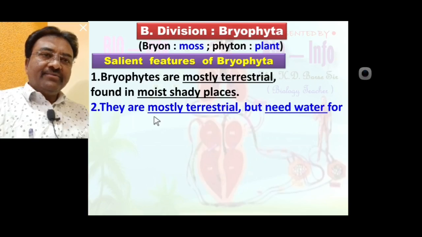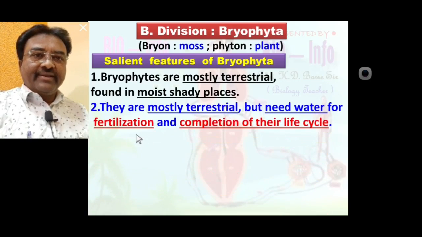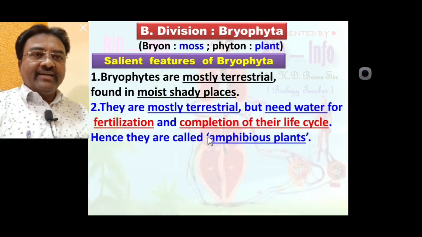They are mostly terrestrial but need water for fertilization and to complete their life cycle. Always remember, Bryophytic plants are mostly terrestrial but need water for fertilization and to complete their life cycle. Hence they are called amphibian plants.